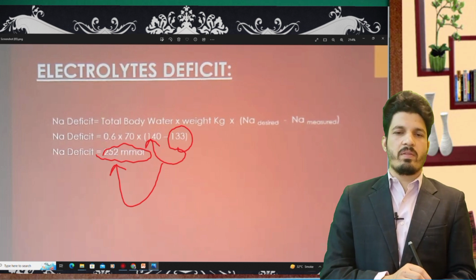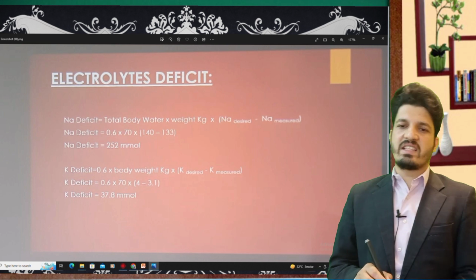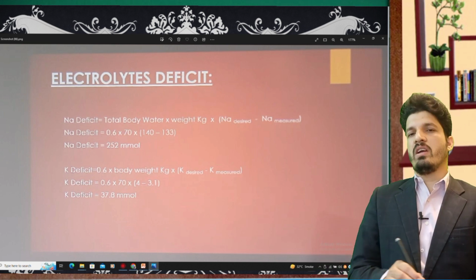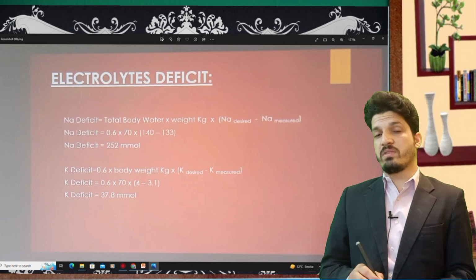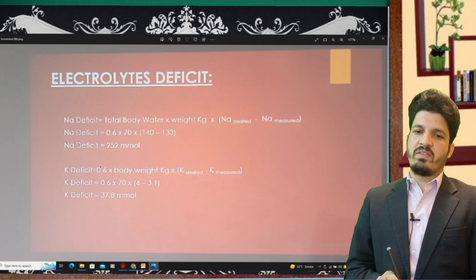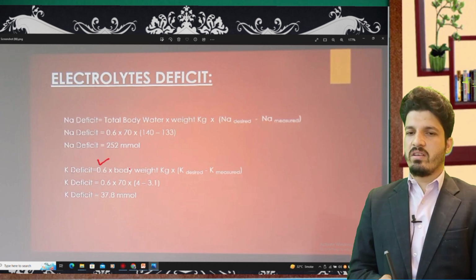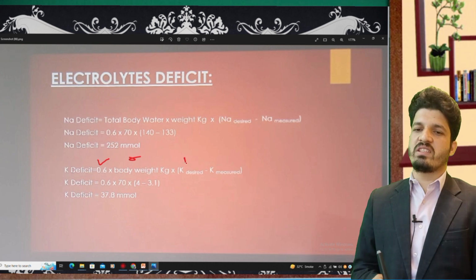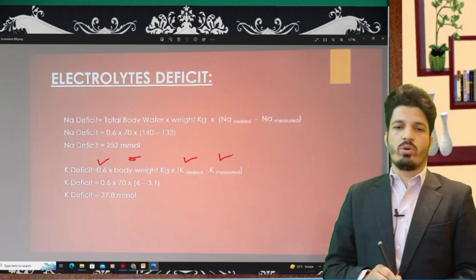In the same way, we are moving towards the next slide. Here we have explained the calculation of the potassium deficit. Again, total body water, that's the 0.6, then body weight in kg, and then potassium desired minus potassium measured.